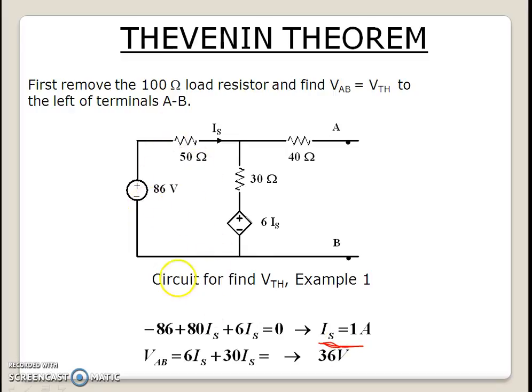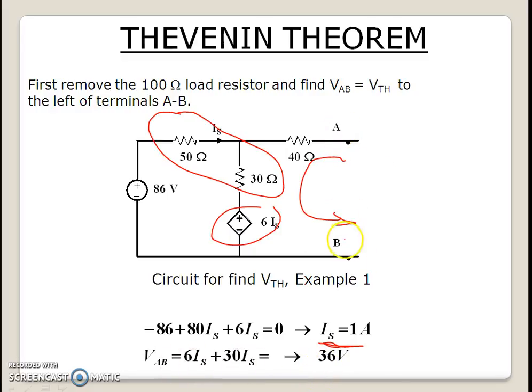That is 86 minus 86 plus 80 IS, that is with the two resistors, plus 6 IS, which results in IS equal to 1 ampere. Applying KVL for this loop will give us the Thevenin's voltage across A and B as 36 volts.